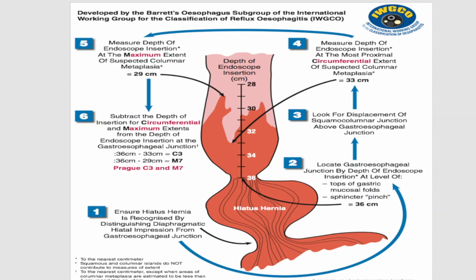First, M: the distance from the highest line of metaplasia to the location of the gastroesophageal junction. And C: circular metaplasia in centimeters.